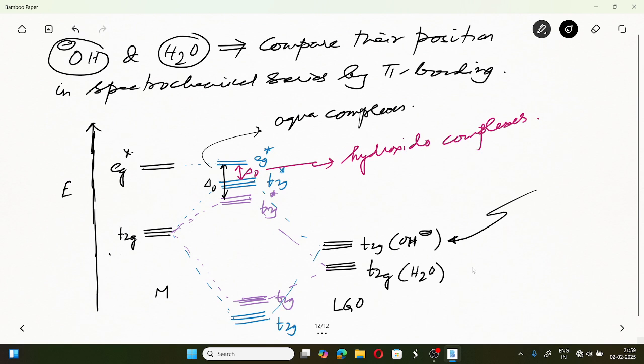Hence del O for aqua complexes will be higher, and water will occupy higher position in spectrochemical series with respect to OH minus.